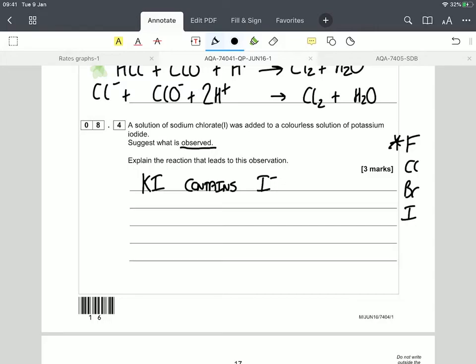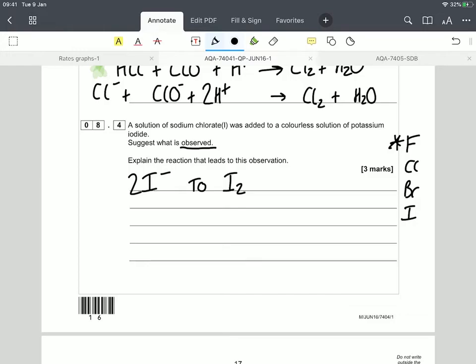So an iodide ion is quite easily oxidized by other things. It's not very stable as it is, right? So what that means is the iodide ion in potassium iodide, not going to write an equation, but it can be converted quite easily into iodine.